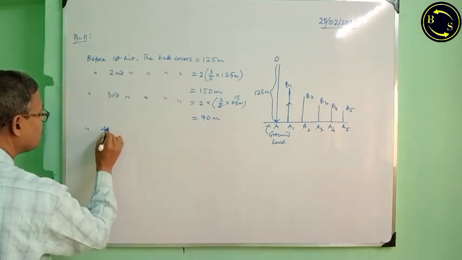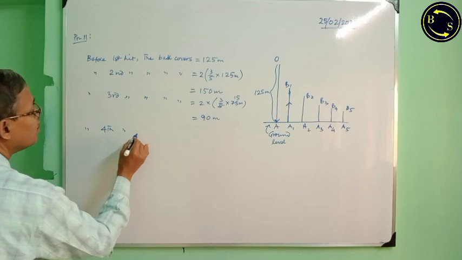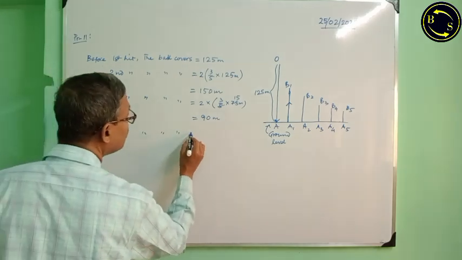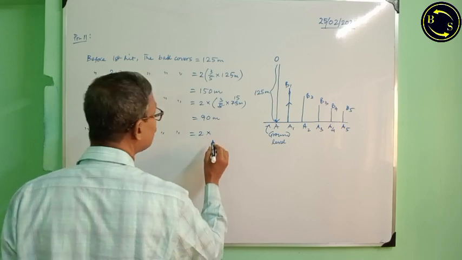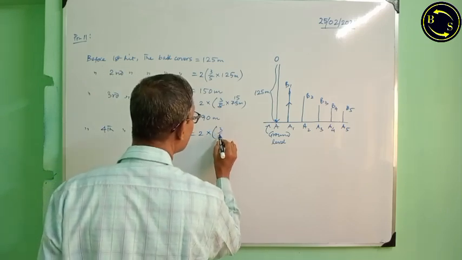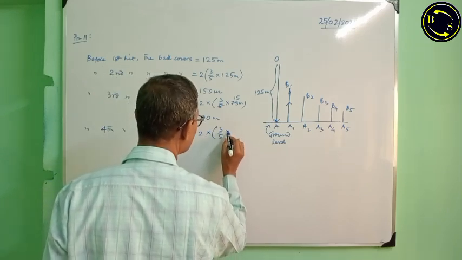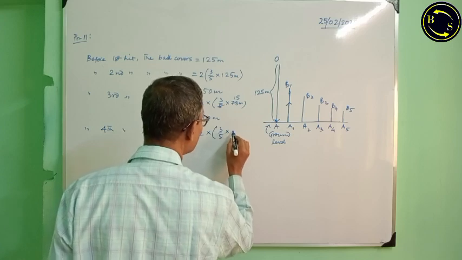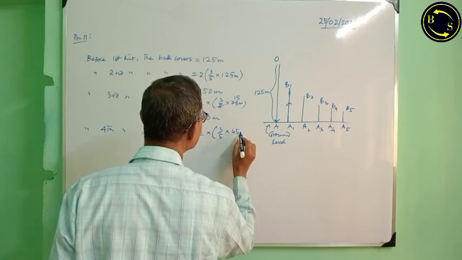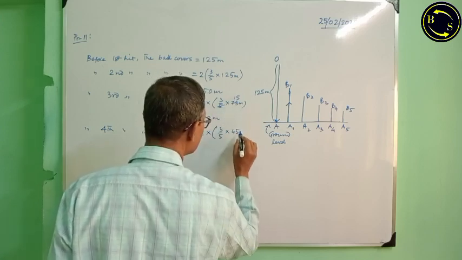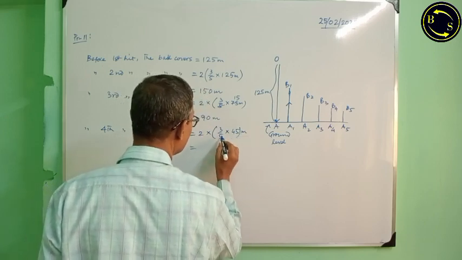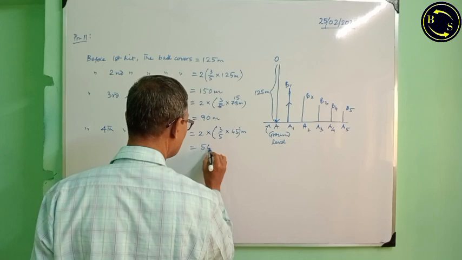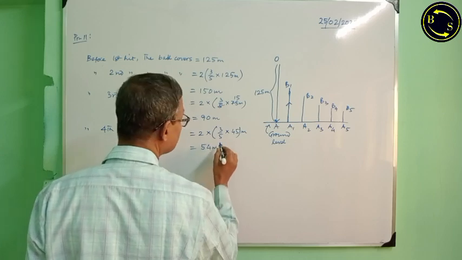Before the fourth hit, 2 into 3/5 of 45, that is 54 meters.